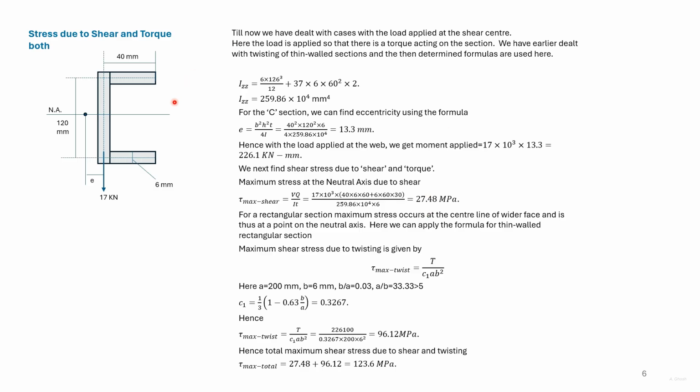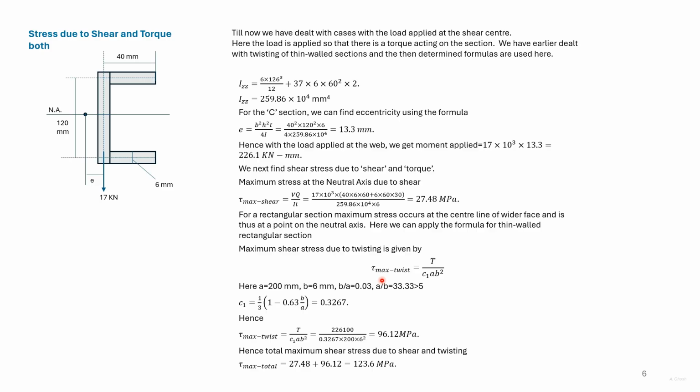To find out shear stress due to torque, this whole C section is considered to be a rectangle. The maximum shear stress is considered to occur at the center of the wider face, so it will occur along the neutral axis.